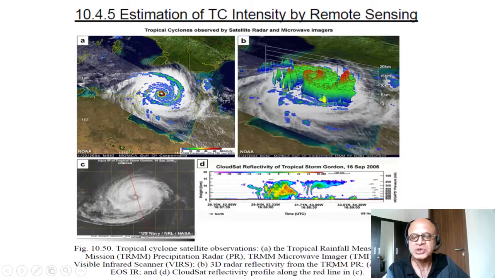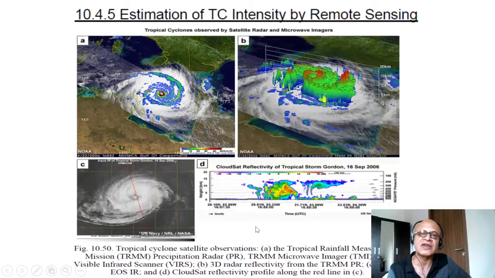TRMM microwave imager and visible infrared scanner. 3D radar reflectivity from TRMM precipitation radar, Aqua EOS infrared, and CloudSat reflectivity profile, the red line in C. So this cross section is seen here for CloudSat reflectivity through Tropical Storm Gordon on September 16, 2006. So at that time all these satellites were alive.